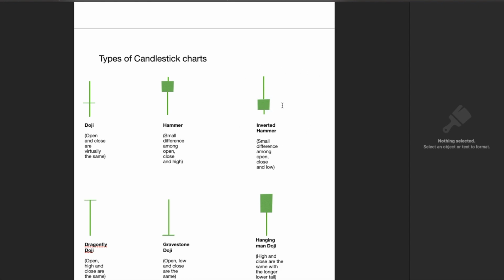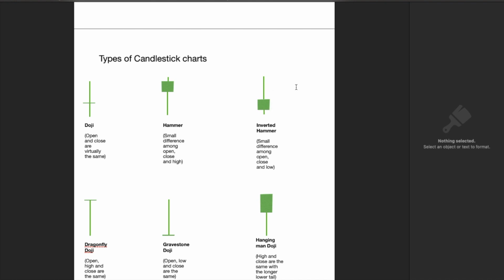Particularly in this case, I told you that there is a very strong price rejection. I know that it's green, but because of the price rejection, it makes it a bearish candlestick. So you also have to pay attention not just to the body and the wick, but also the size of the body relative to the wick.